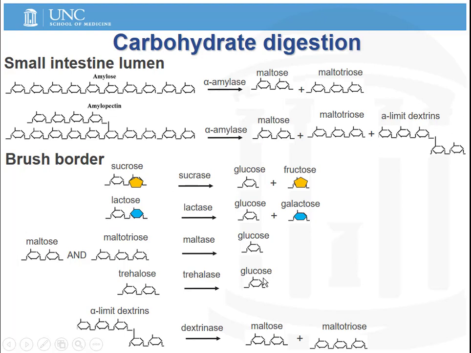Then the glucose monomers, fructose, and galactose can all be absorbed by the enterocytes of the small intestine. Ingested disaccharides don't require digestion by pancreatic enzymes because they're already in disaccharide form. So the disaccharides are digested into monosaccharides by brush border enzymes alone.